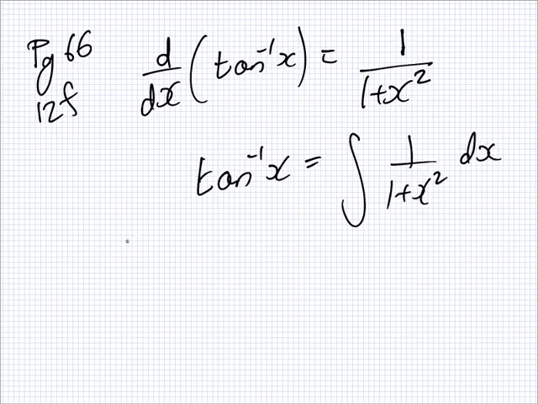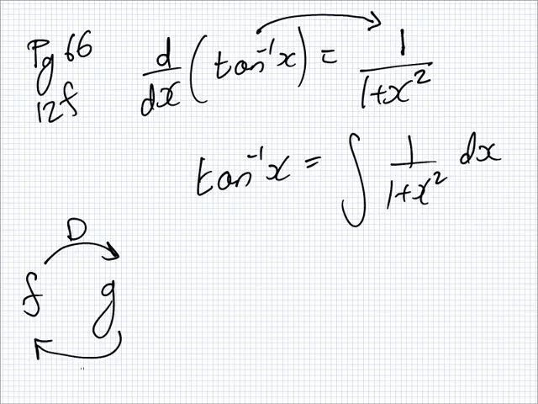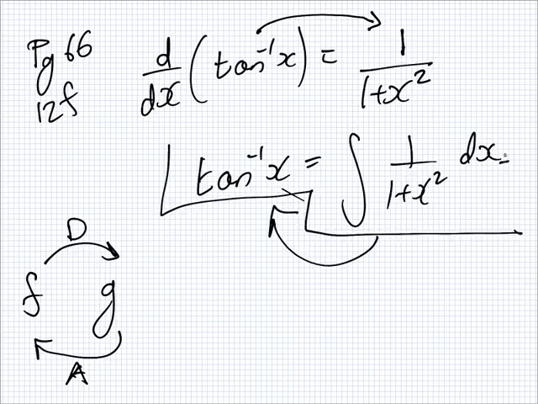If I start here and go here, this direction is derivative, and going backwards is antiderivative, integration. So if the derivative of tan inverse x is 1 over 1 plus x squared, therefore the antiderivative of 1 over 1 plus x squared is tan inverse x. So this result is what we need for the next two examples, plus c of course.